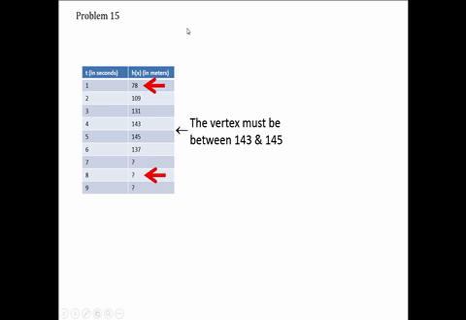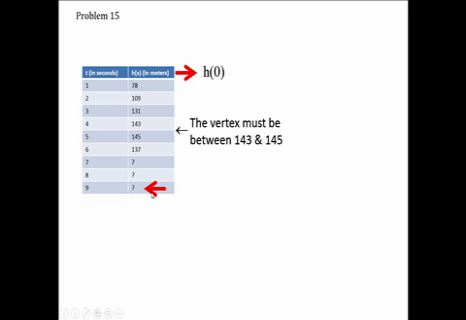Notice as you go down, this isn't exactly the same as this. This is a little bit more than this, right? This value is going to be a little bit more than this is. These match, and this value is going to be a little bit more than this one.